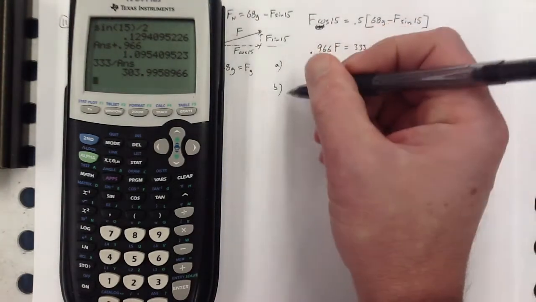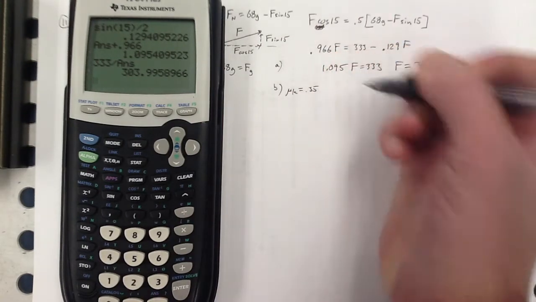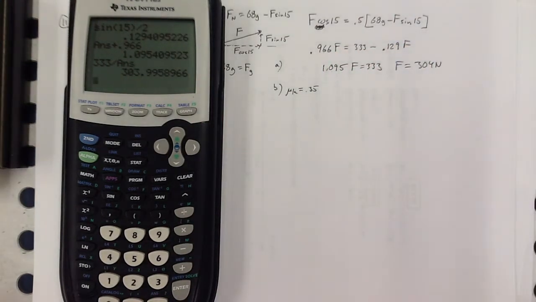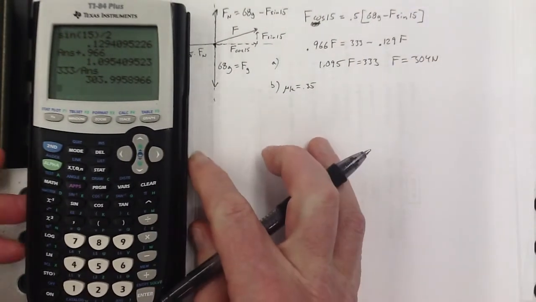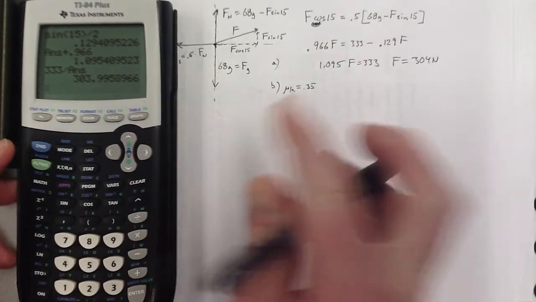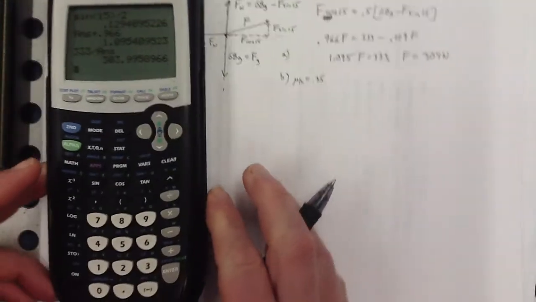And then part B, if the coefficient of kinetic friction is 0.35, then what is the magnitude of the acceleration? Okay, so then the normal force is not going to change, right?